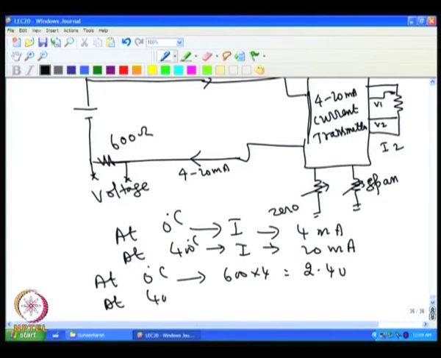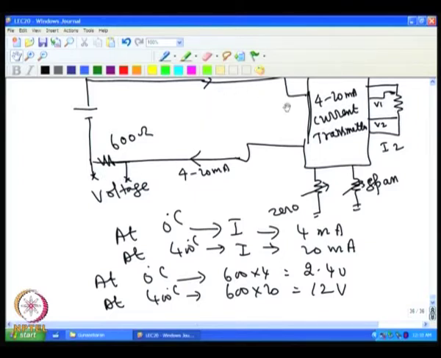At 400 degree C we will have 600 into 20 milliampere, that will be 12 volt. So, voltage across this will indicate the temperature status of the oven or any other object whose temperature is to be measured. So, essentially this temperature is indicated as a voltage across this.